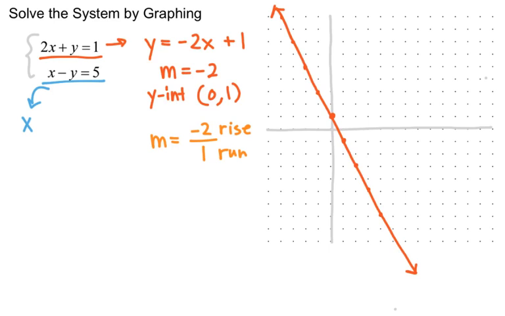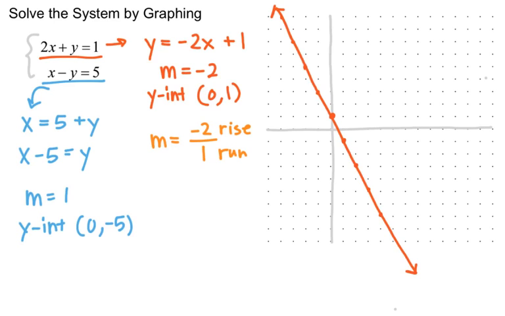So let's repeat this process for my other line. I'm going to rearrange that: x equals 5 plus y, or x minus 5 equals y. Here my slope is positive 1, and my b value is negative 5, so my y-intercept is (0, negative 5).